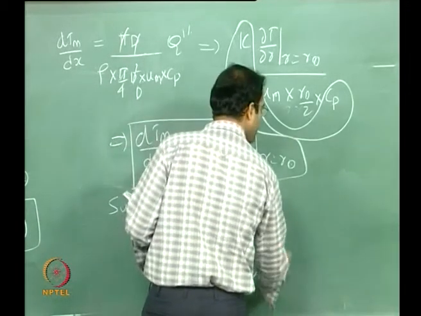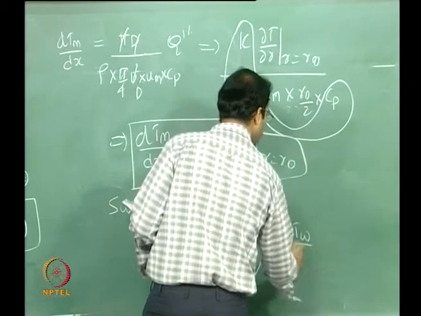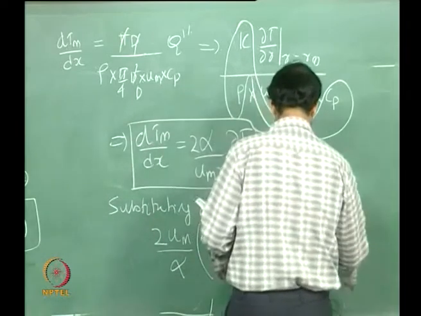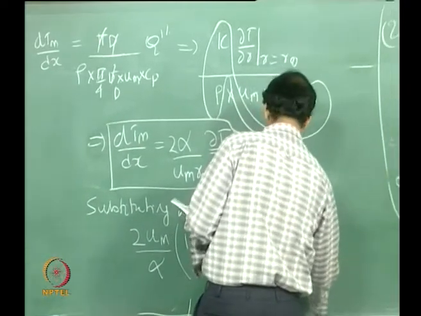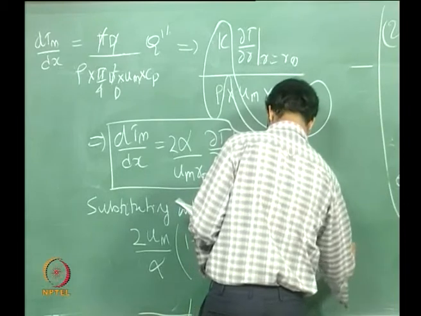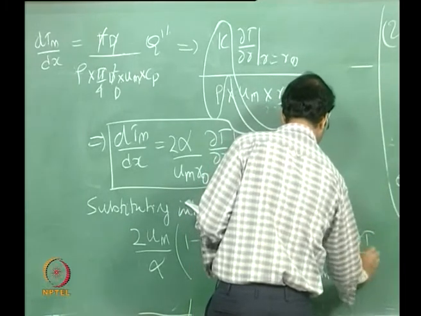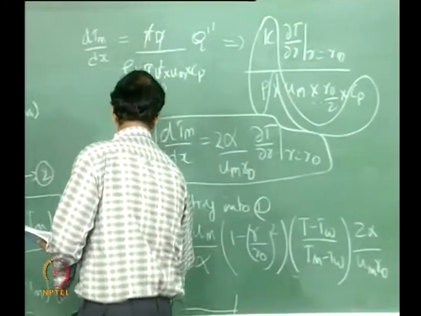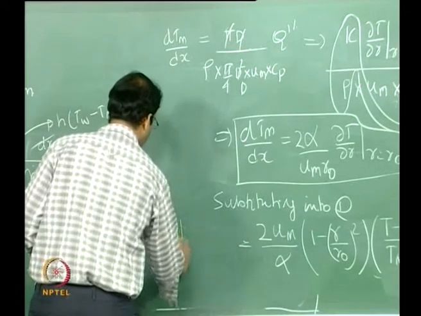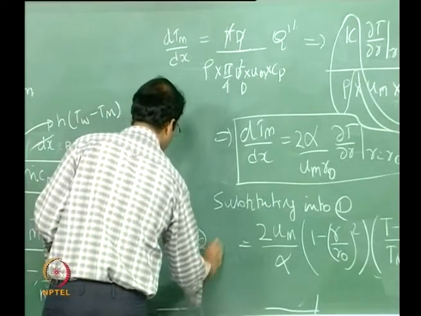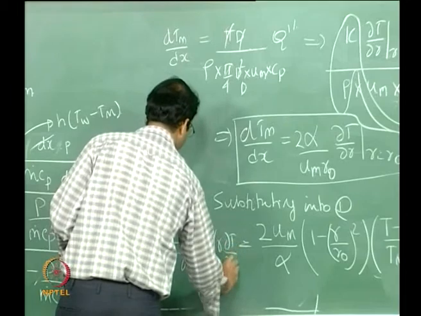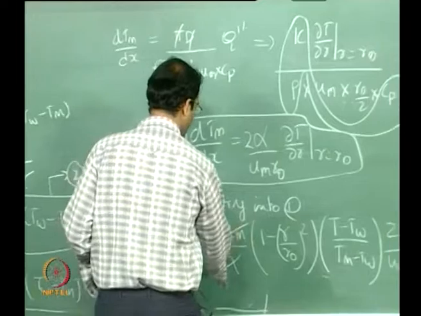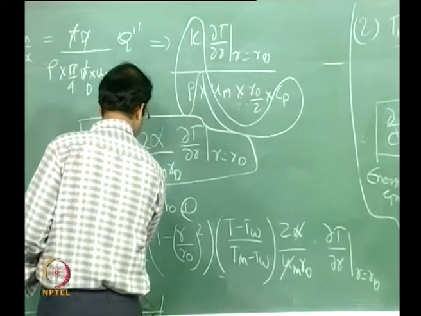So now this is T minus T wall by Tm minus T wall, and dTm by dx will be 2 alpha by um r naught into dT by dr at r equal to r naught. So this is equal to the right hand side, which is 1 by r d by dr of r dT by dr. So here um cancels, alpha cancels here.